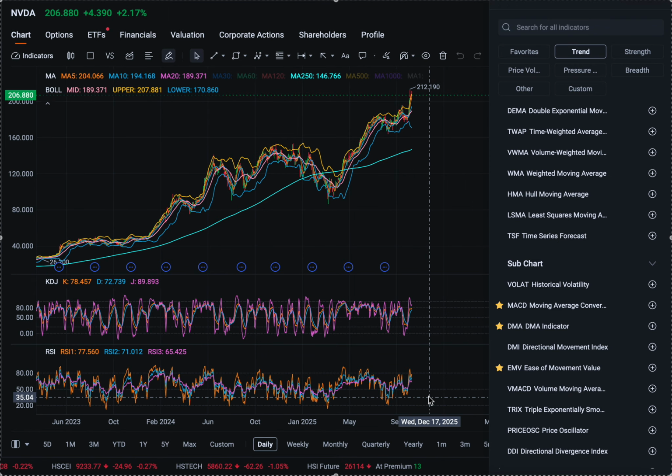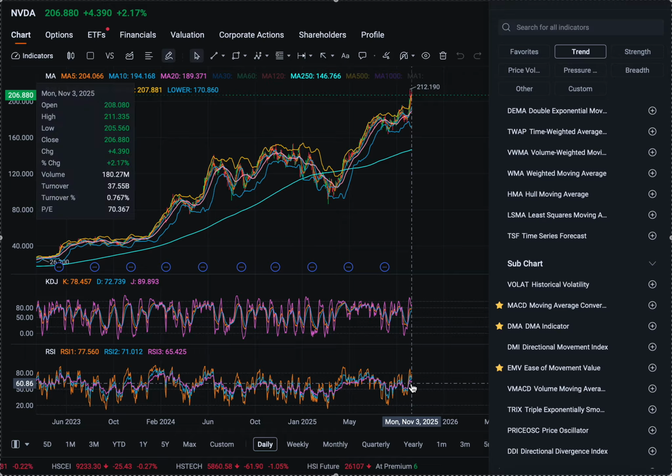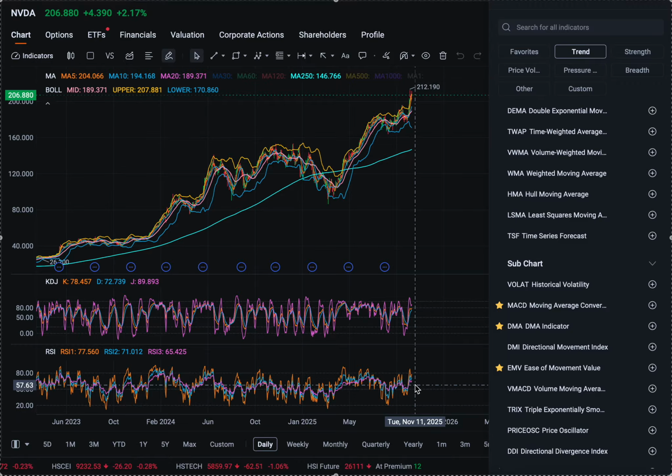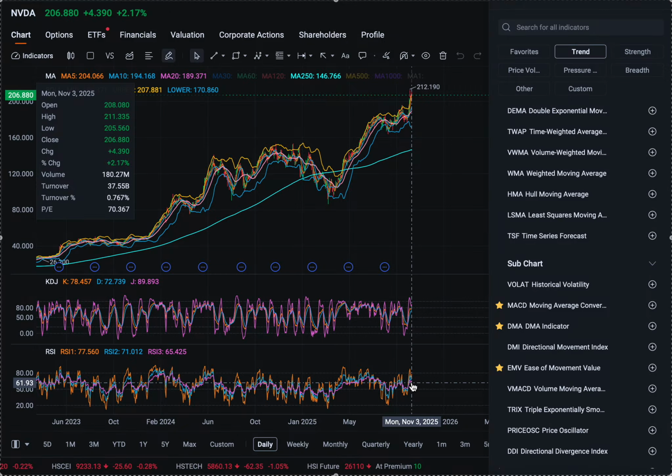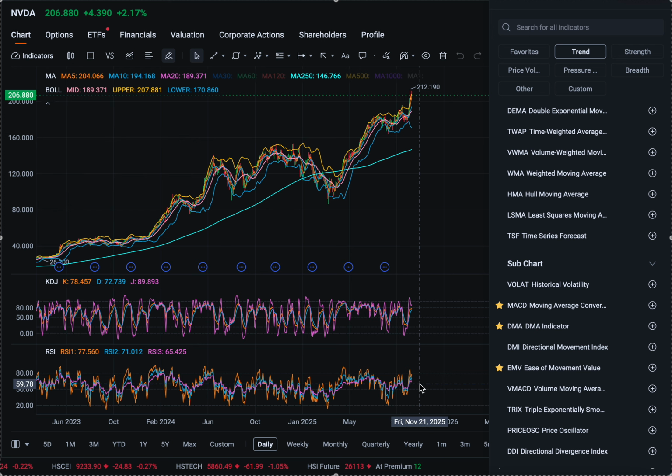Now when we come to today, the KDJ bullish signal has come down a little bit, but is backing up with a small tick.